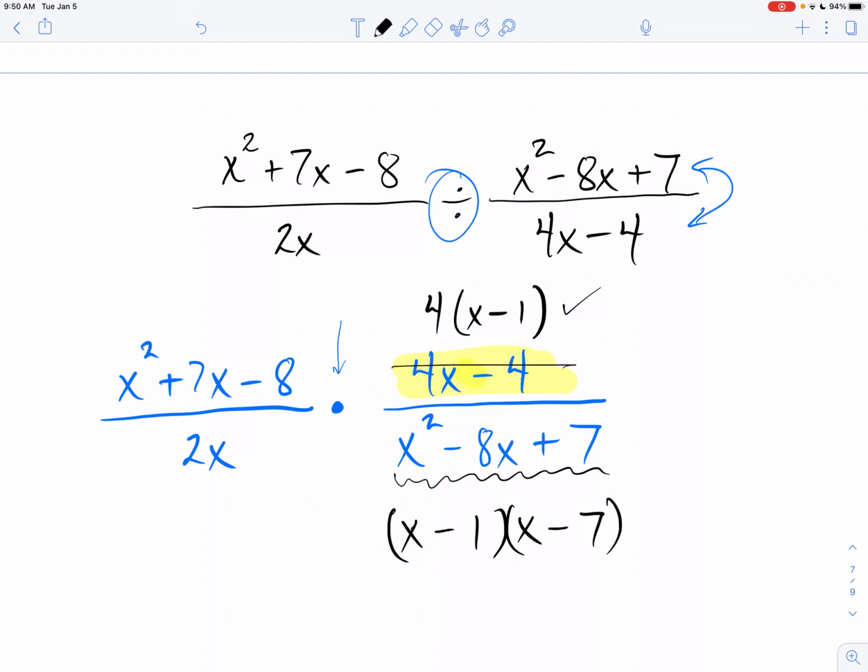Okay, you've been factored, but you have not, so let's break this guy up. And I say x times x, and I go, okay, well, I'm not going to get a 7 out of this, I don't think. But let's see, I think it's x plus 8, x minus 1 is how that one will factor.